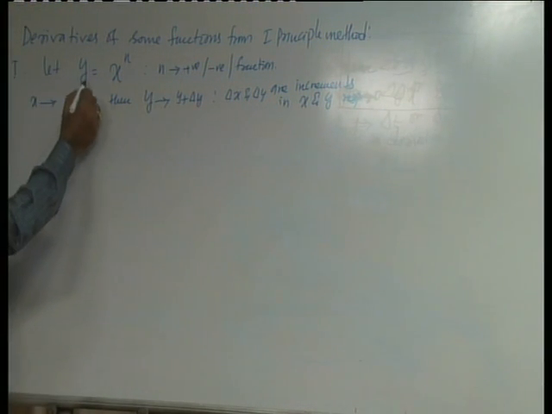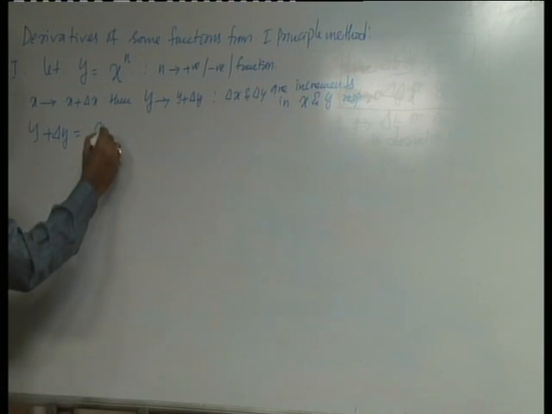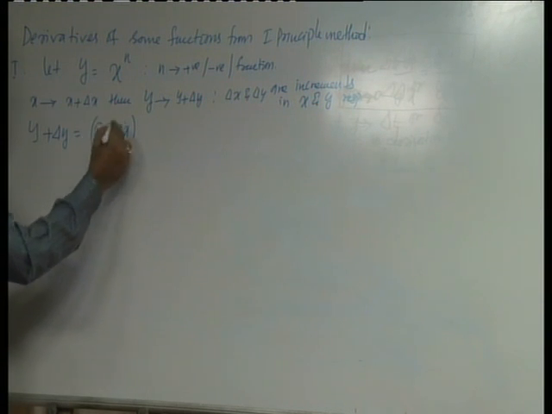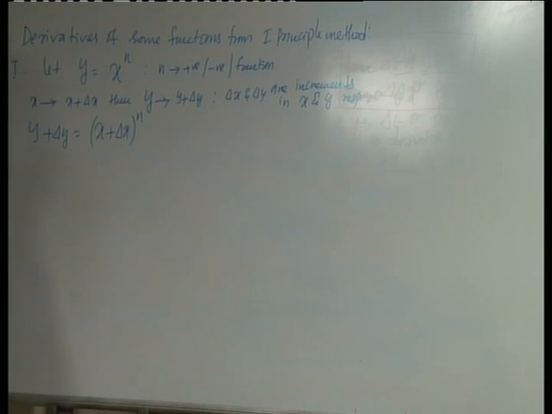Therefore, the given function reduces to y plus delta y is equal to x plus delta x to the power of n.